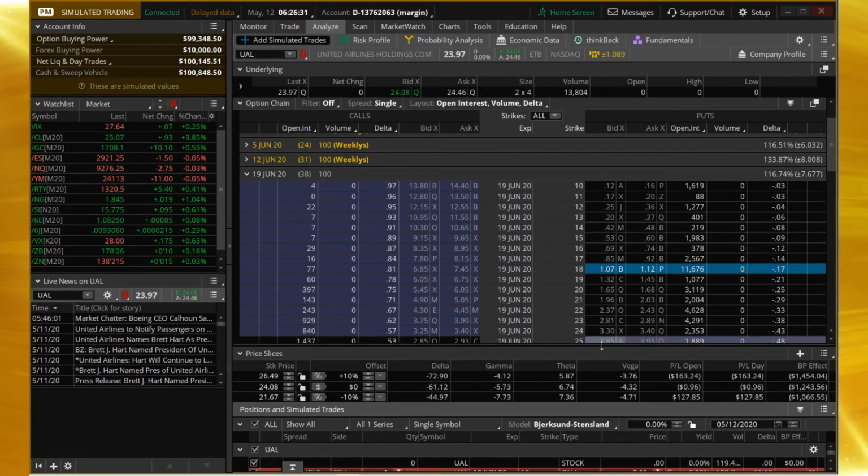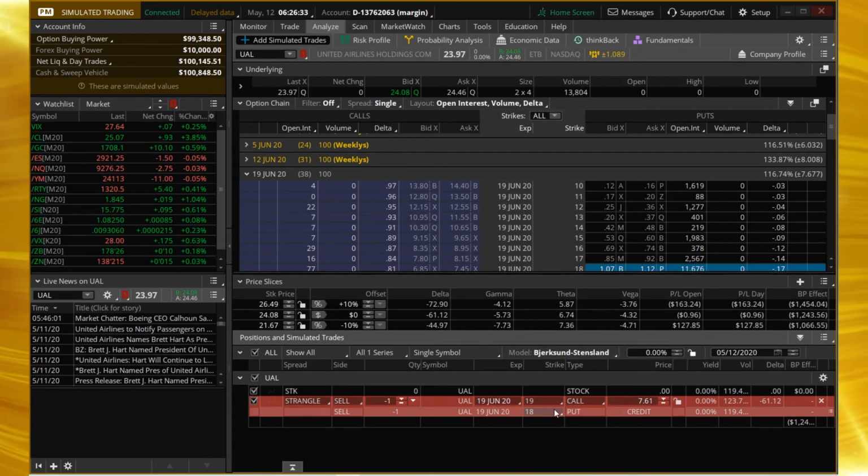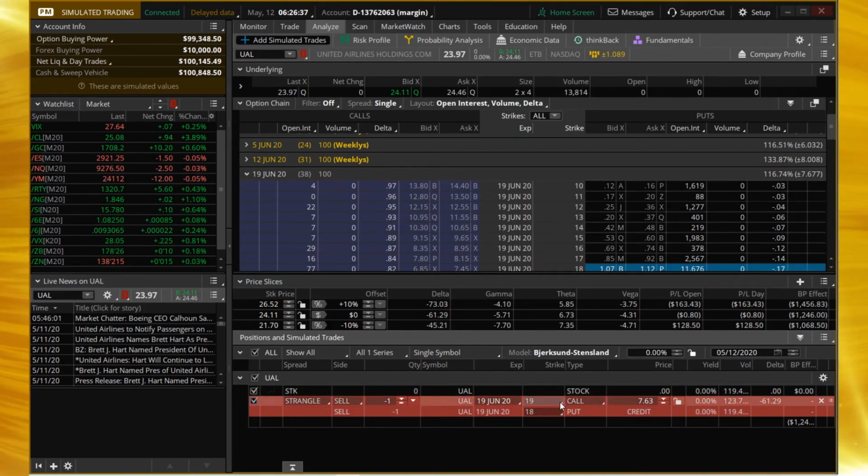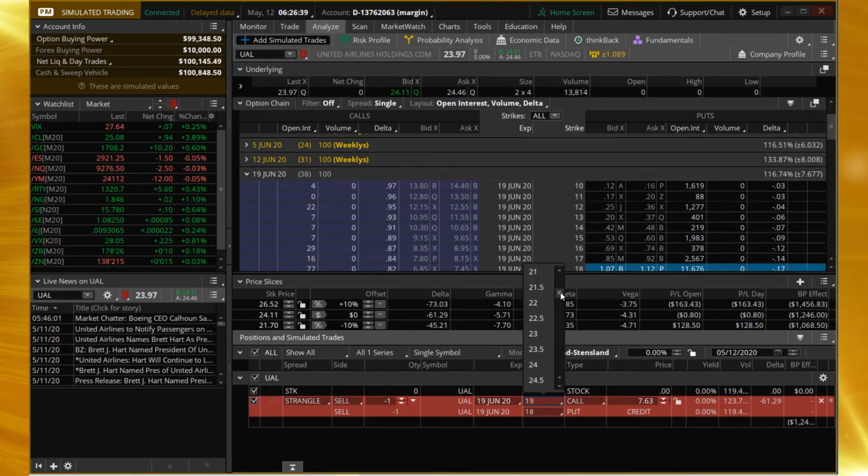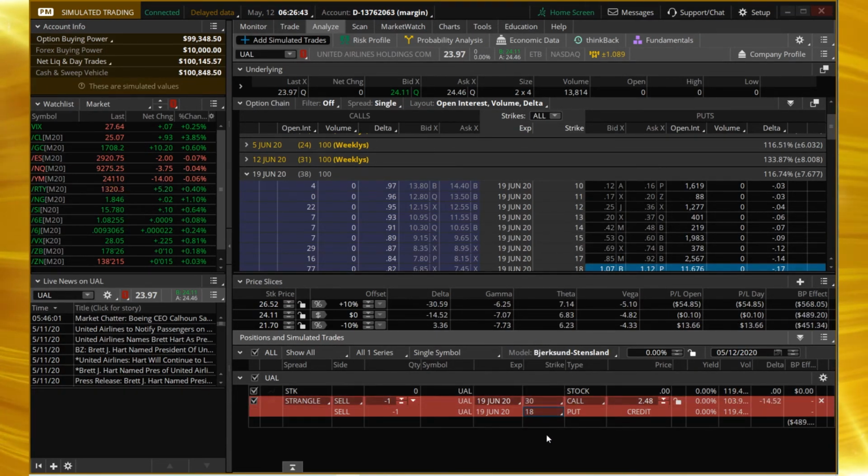We're going to pull this up because it's always off the screen, and we see here that the 18 is the short put. We want to take the call that we're selling and bring that up to 30. That shows us that we're looking at roughly a $250 credit, or $248 to be exact, right?